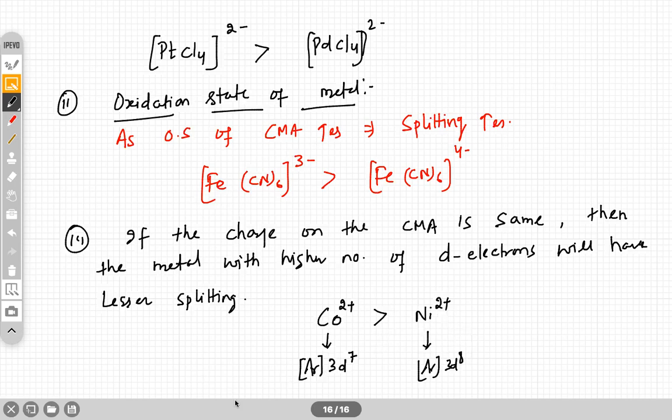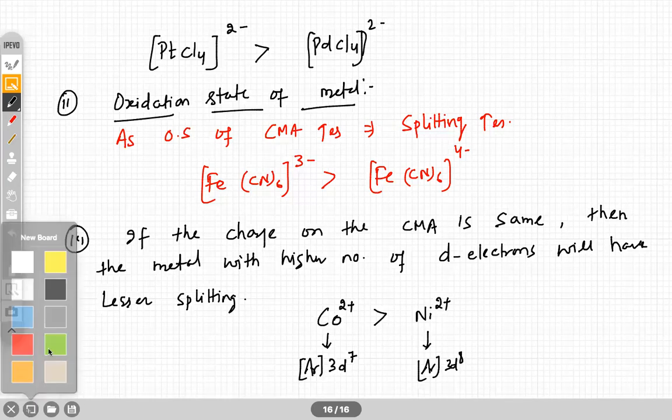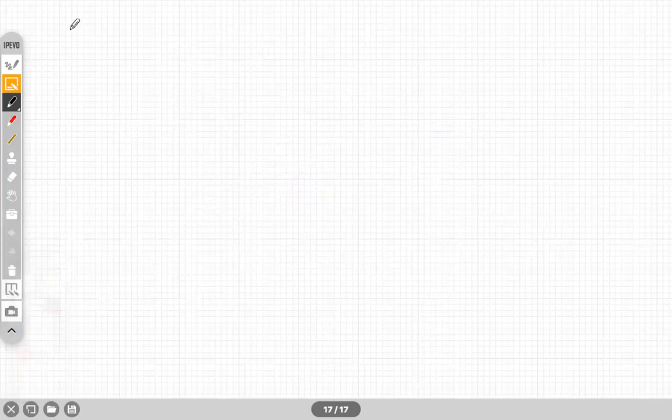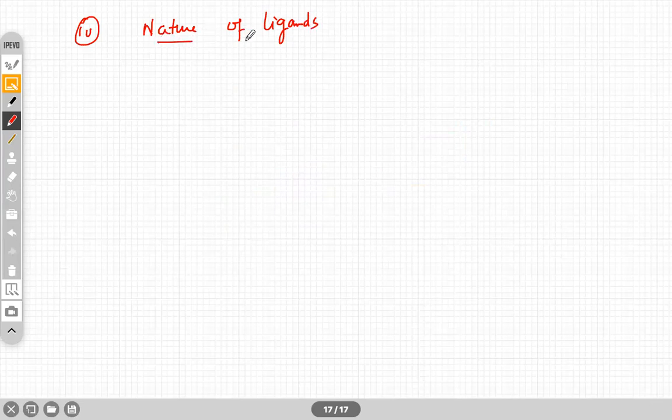The most important one is the nature of ligands. Strong ligands produce more repulsion and weak ligands produce lesser repulsion. The magnitude of repulsion actually gives us the idea about the nature of ligands.